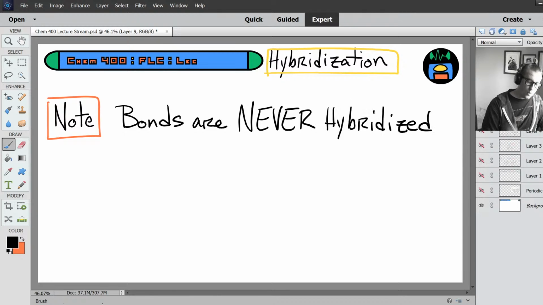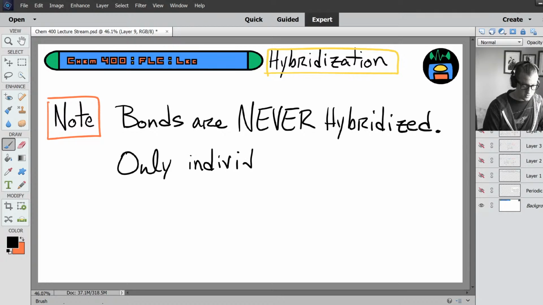When we are talking about hybridization, we are not talking about bonds. We are only and always talking about atoms. Only individual atoms. I want to emphasize that. Only individual atoms hybridize.